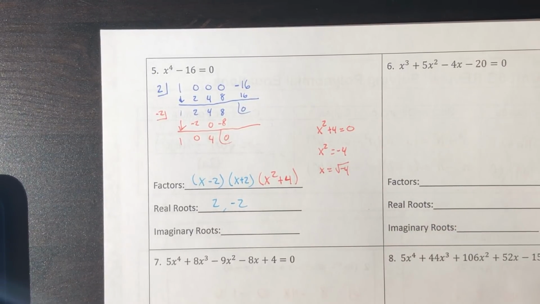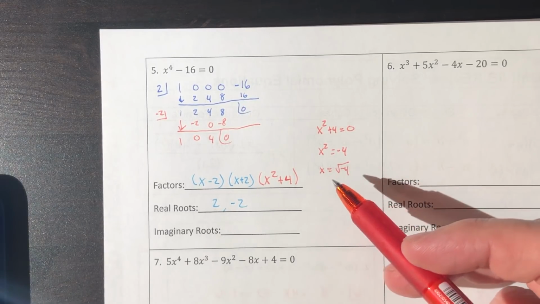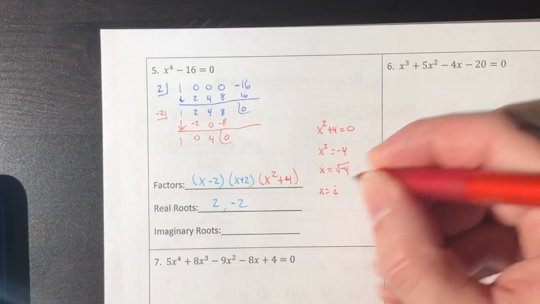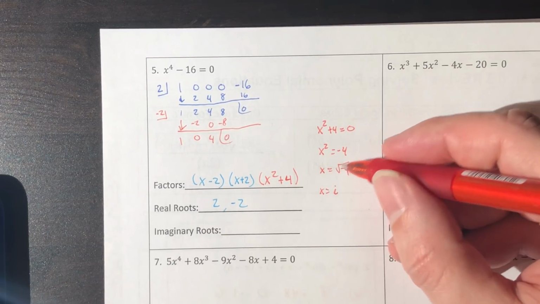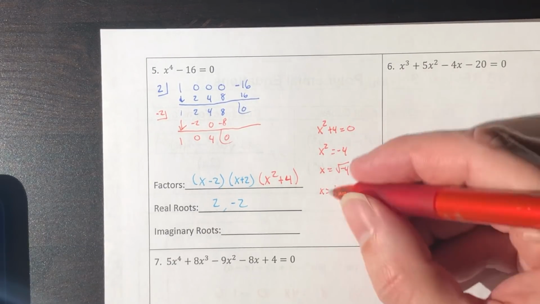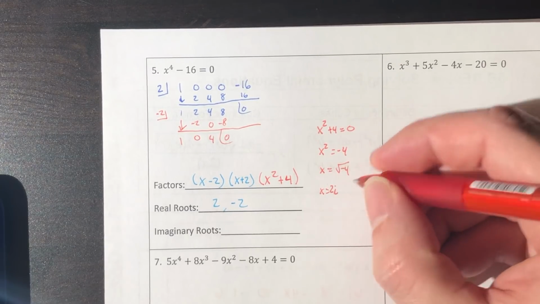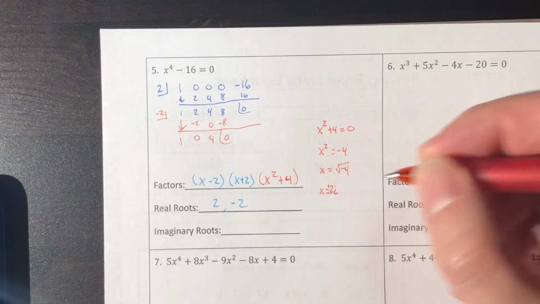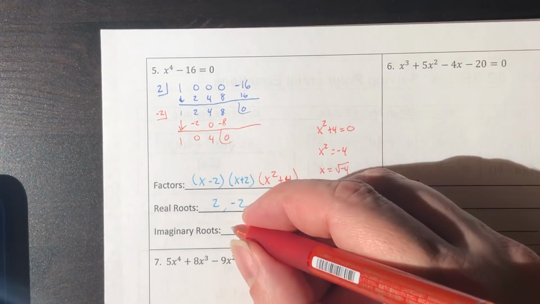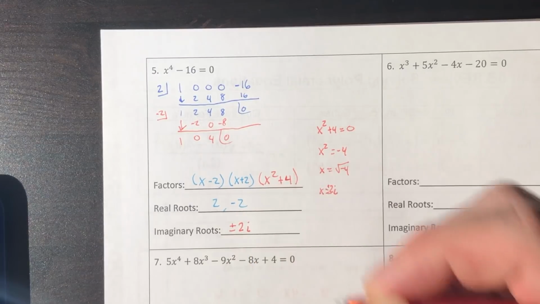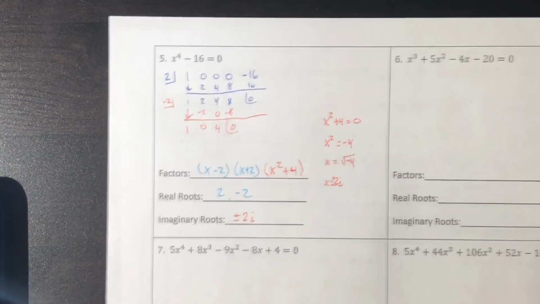When I take the square root of a negative number, it has to be i. So that's going to be x equals i, and the square root of 4 is 2, so it's x equals 2i, but I need to have it as both the positive and the negative. So my imaginary roots are going to be positive and negative 2i.